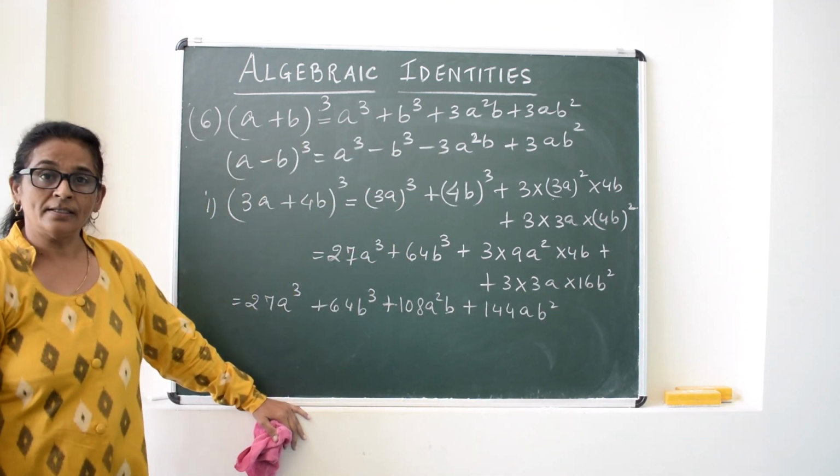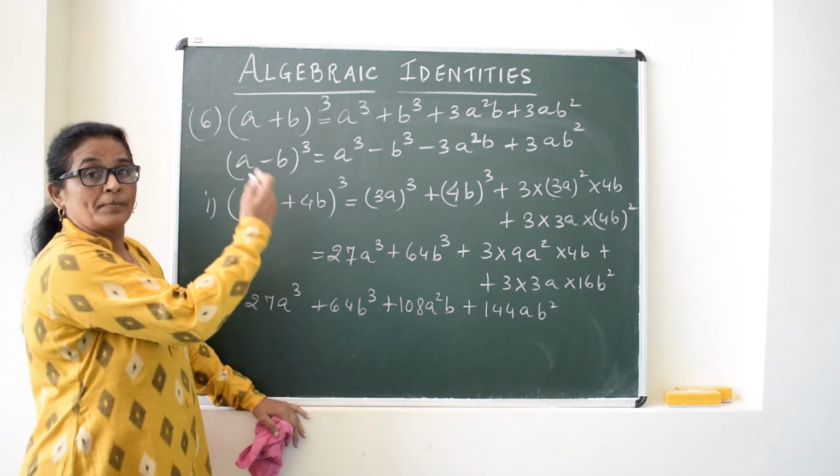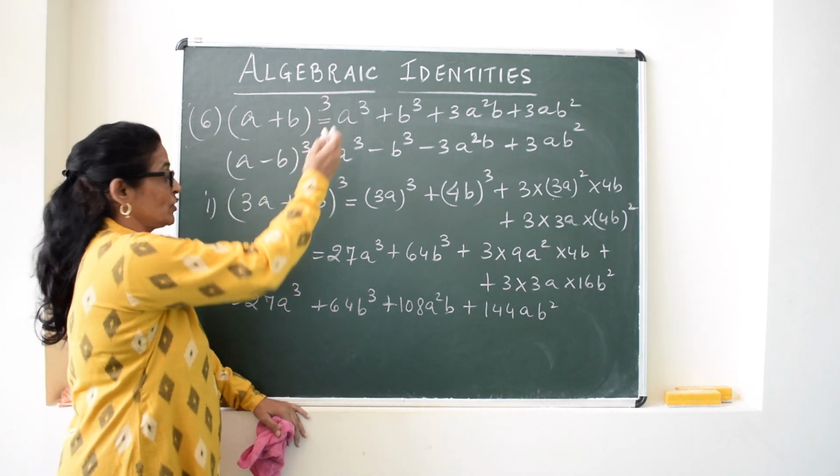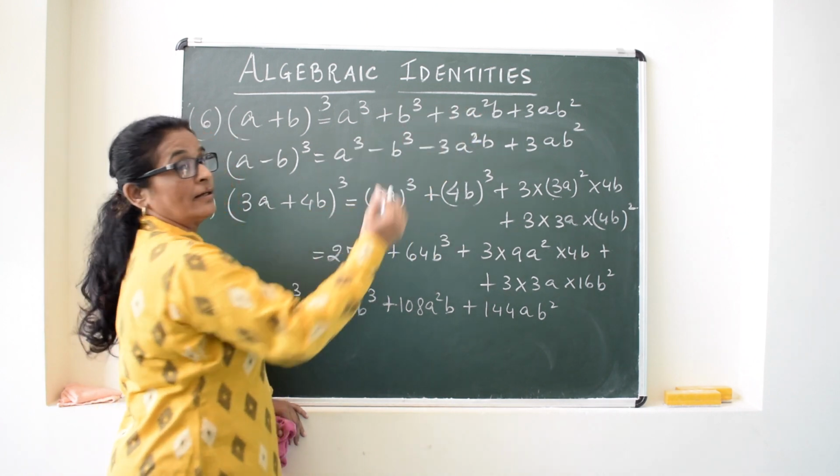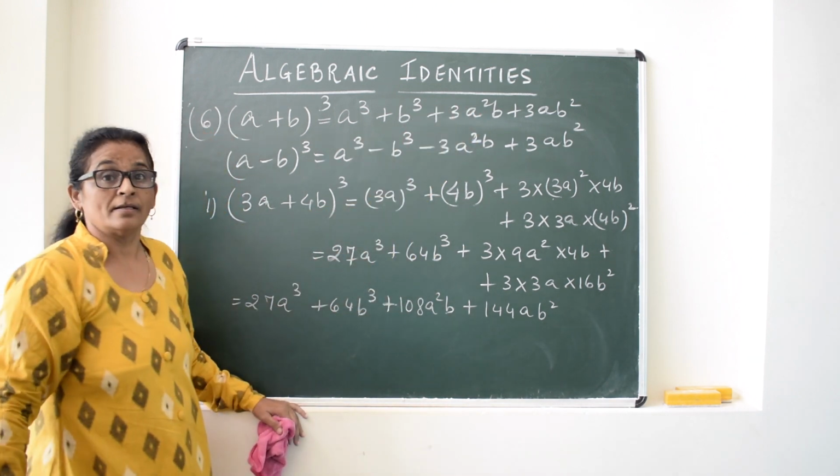So what we have seen is how to apply the expansion of (a plus b) the whole cube. We write the first term, the second term, and ultimately this is the expansion.